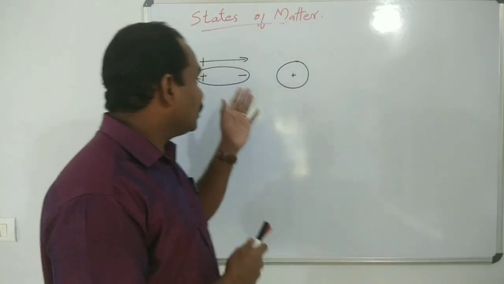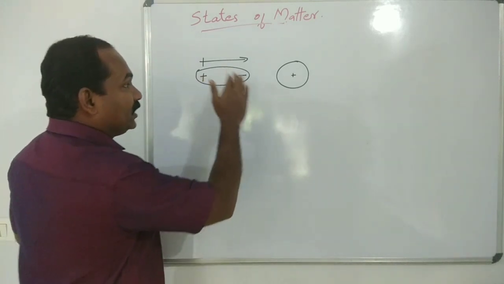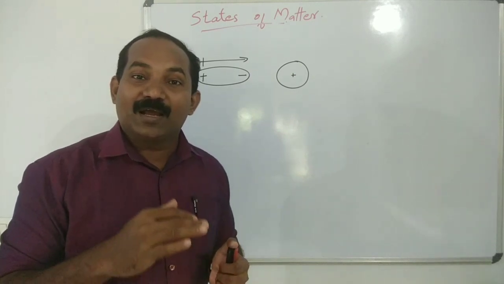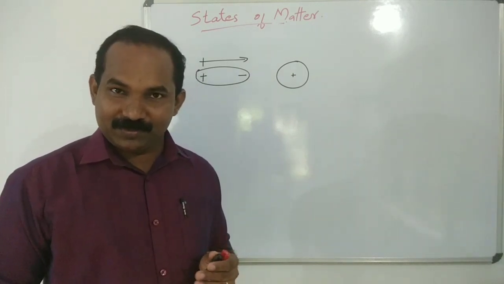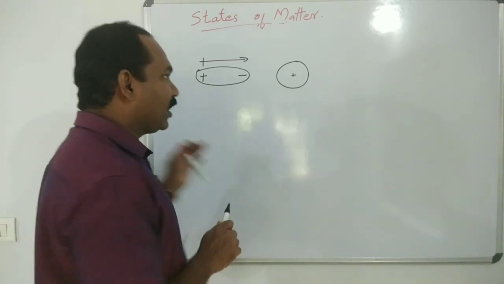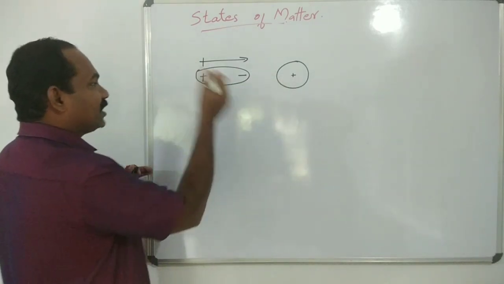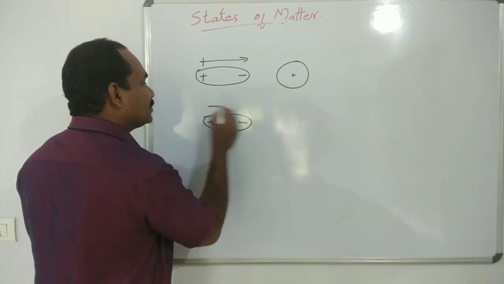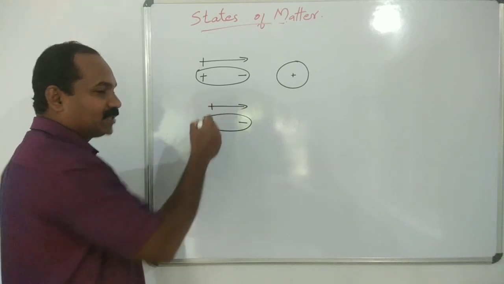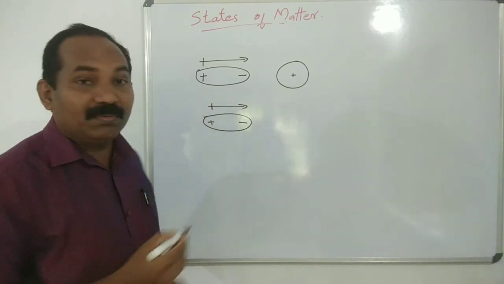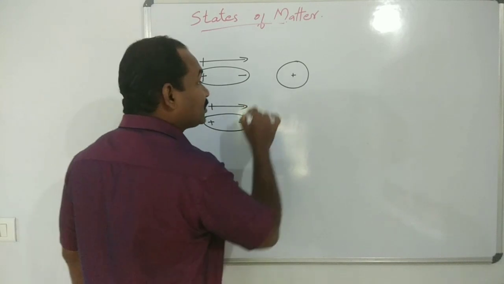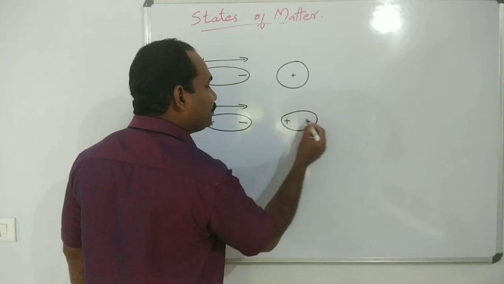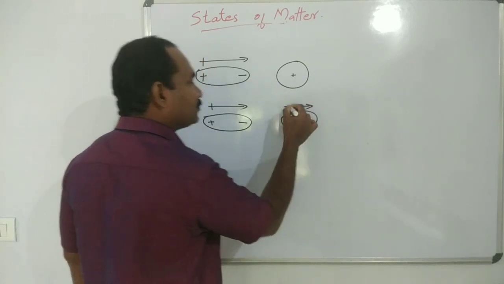So what happens in this situation? The negative charge attracts the positive charge of the non-polar molecule or atom. In the next stage, plus minus, it is a permanent dipole, and it induces this molecule, and it becomes like this.